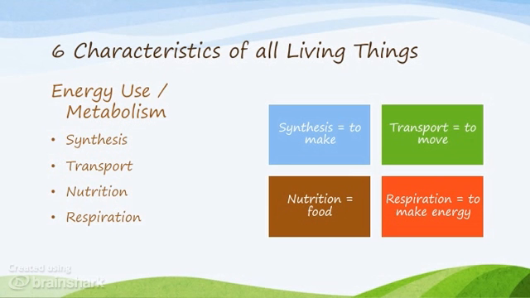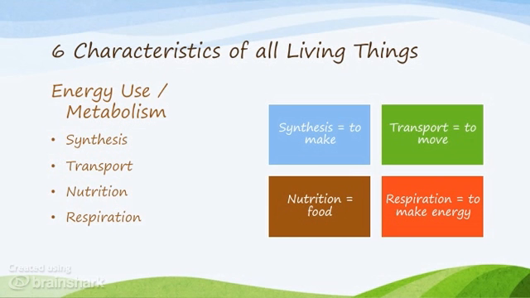What I want you to understand is that these life processes are embedded within the characteristic of using energy. Organisms use energy to make molecules. For example, plants make food. Organisms use energy to move molecules and other things throughout their bodies. For example, our bloodstream transports nutrients to our cells.